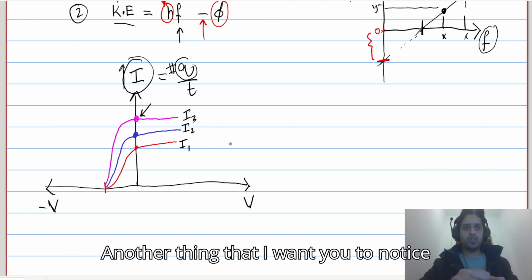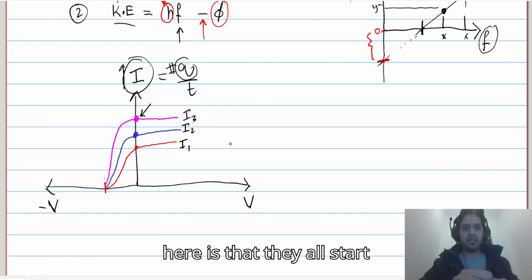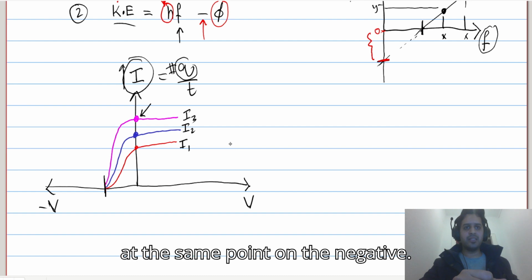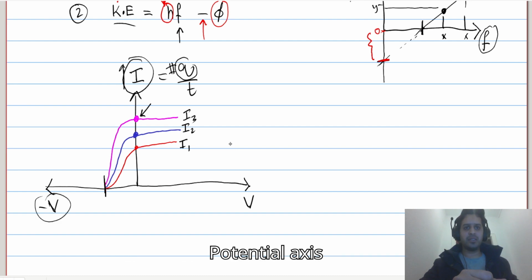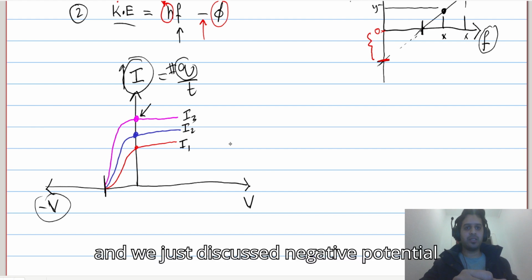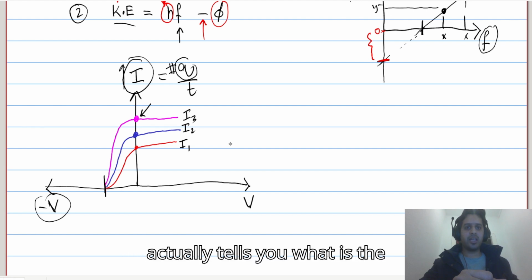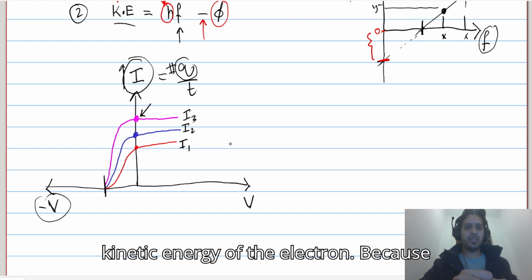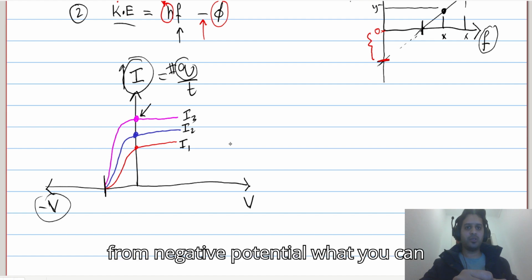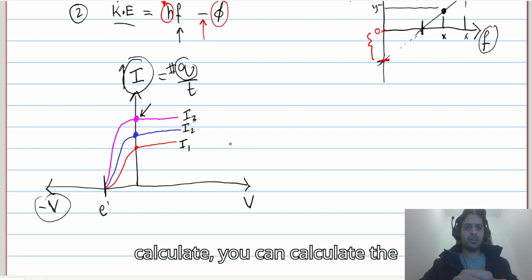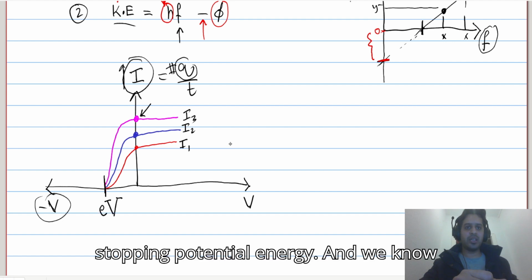Another thing that I want you to notice here is that they all start at the same point on the negative potential axis. And we just discussed negative potential actually tells you what is the kinetic energy of the electron, because from negative potential, what you can calculate is the stopping potential energy.